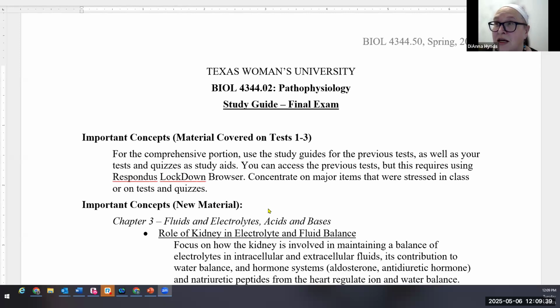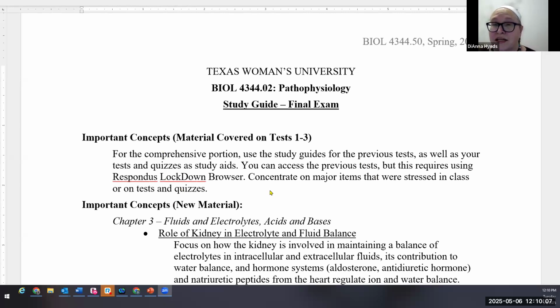The questions are not going to be identical, but they are still taken from test banks from the textbook. There may be some identical questions, but they're going to be similar questions. In constructing the final exam, I tried to concentrate on main idea information, particularly for the comprehensive material, the stuff that comes from the first 3 tests.